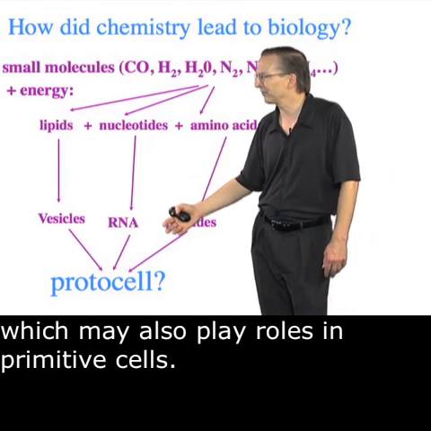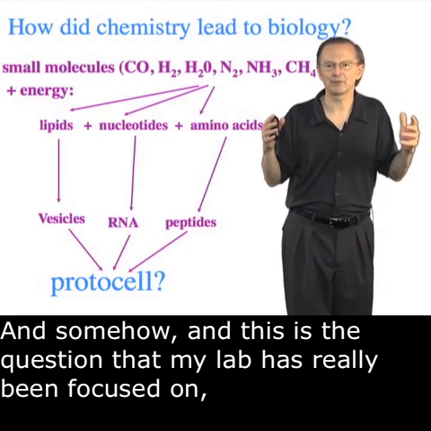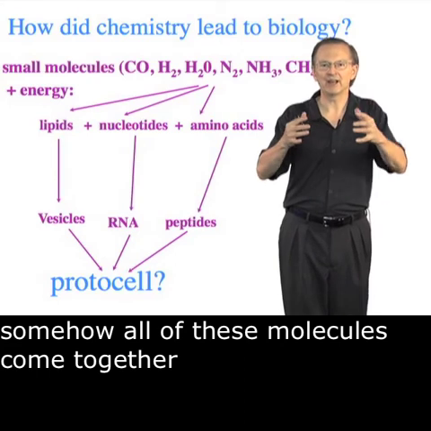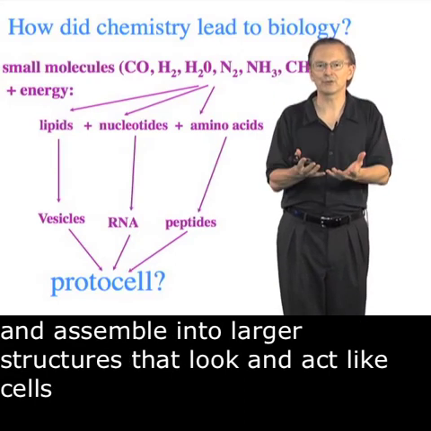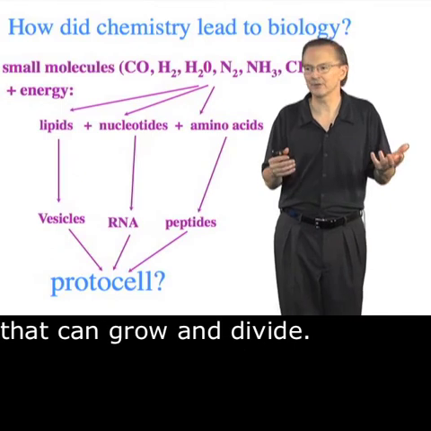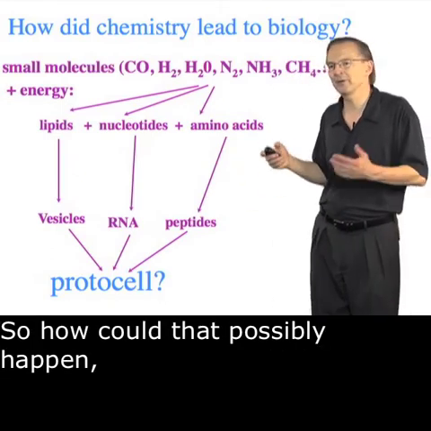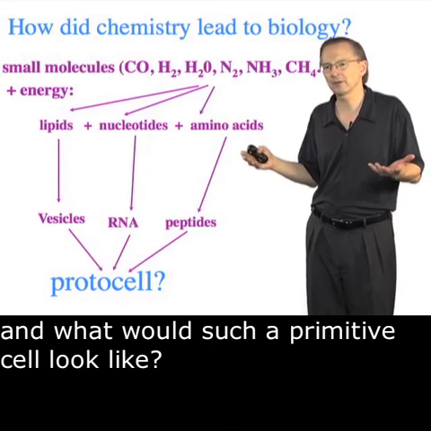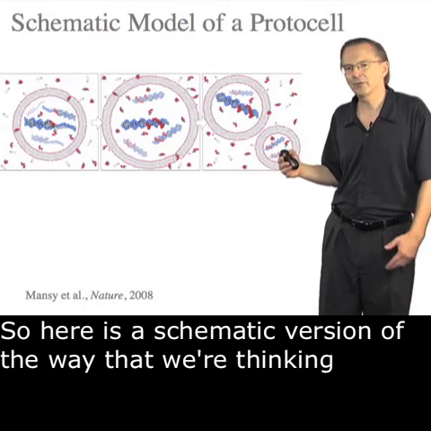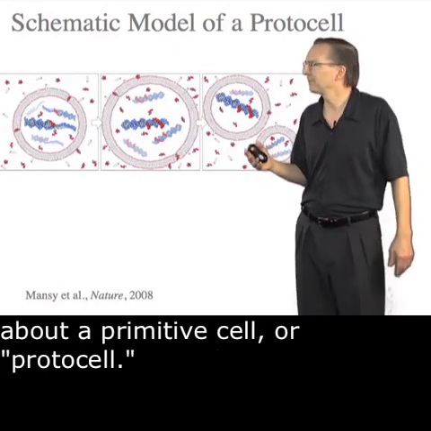roles in primitive cells. And somehow, and this is the question that my lab has really been focused on, somehow all of these molecules come together and assemble into larger structures that look and act like cells that can grow and divide. Okay, so how could that possibly happen, and what would such a primitive cell look like? And so here is a schematic version of the way that we're thinking about a primitive cell or protocell.